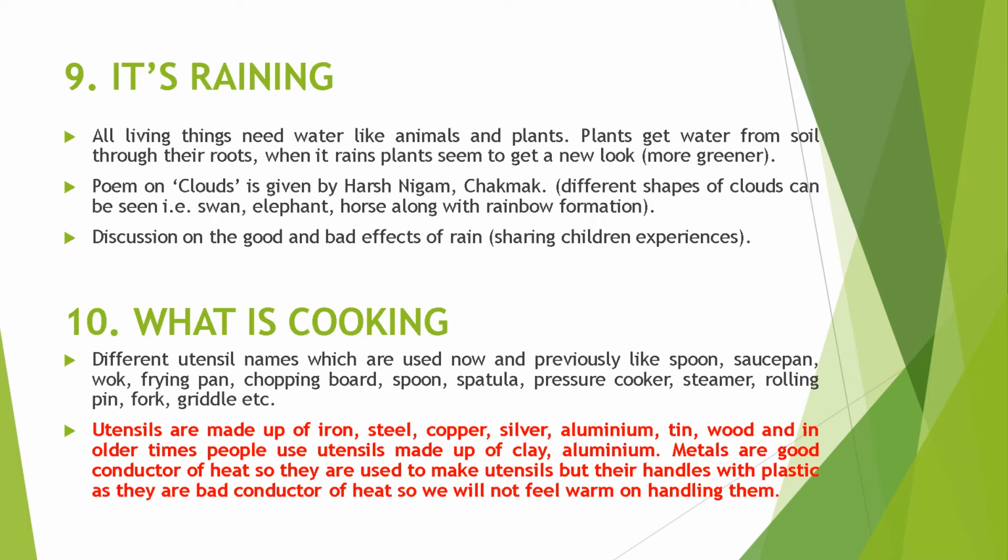Then utensils are made up of different kinds of metals, and we also have to make the children understand that we are using iron, steel, copper, silver, aluminium, tin, sometimes wood also. And in older times people were using utensils made up of clay and aluminium, and some other metals are also there.